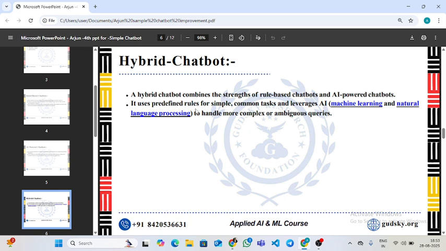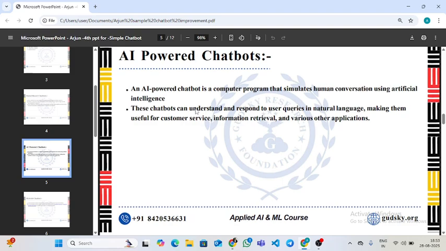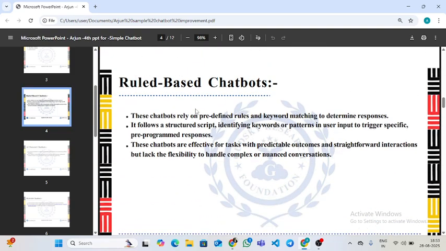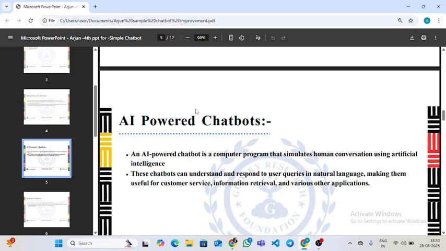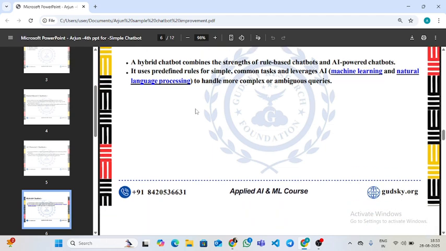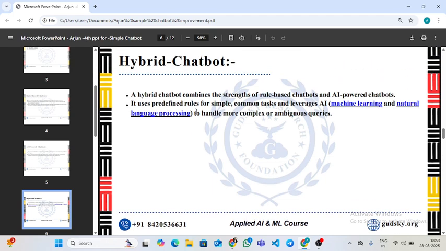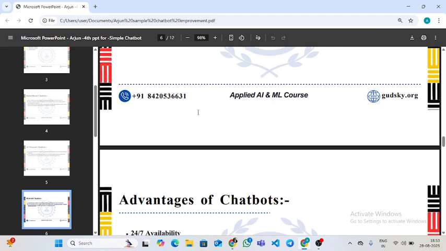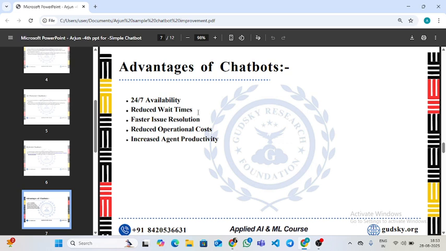This is the simple point about the hybrid chatbot, and it is very usable because it combines both types of chatbot we discussed previously, the AI-powered chatbot and the rule-based chatbot. So the hybrid chatbot is a combination of these two. This is the types of chatbot, and we will move to our next slide and see the advantages of chatbots.